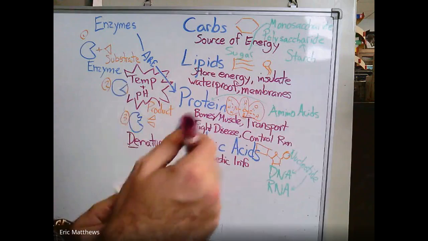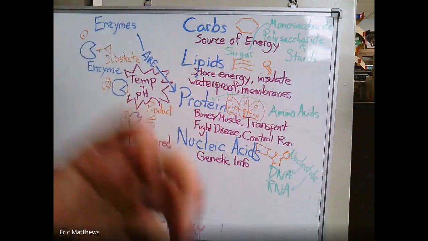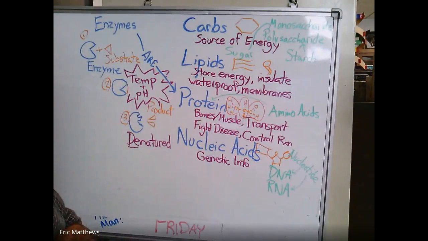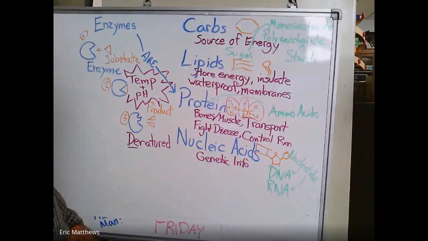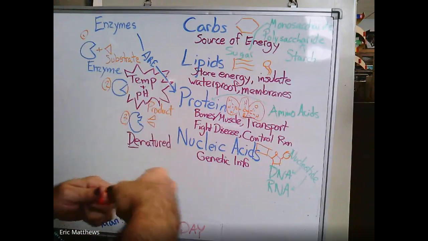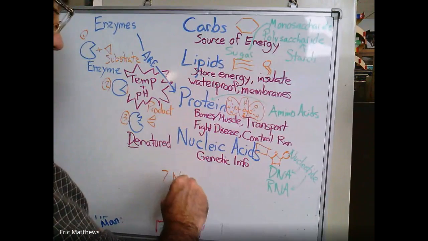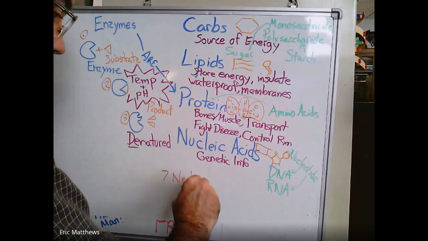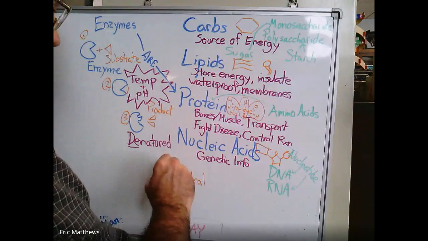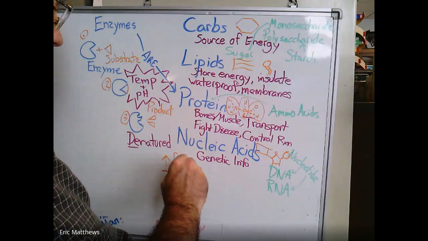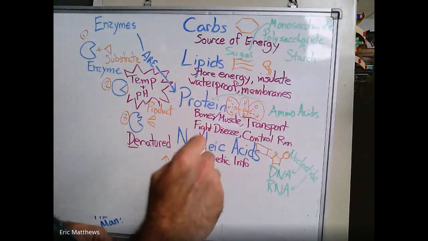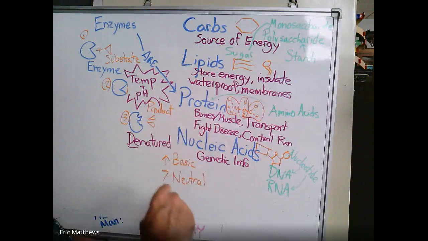Now, because we mentioned pH, it would be good to talk about our pH scale, even just a little bit. So remember, the basic rules are always the same. 7 is neutral. If you go above 7, it's basic.